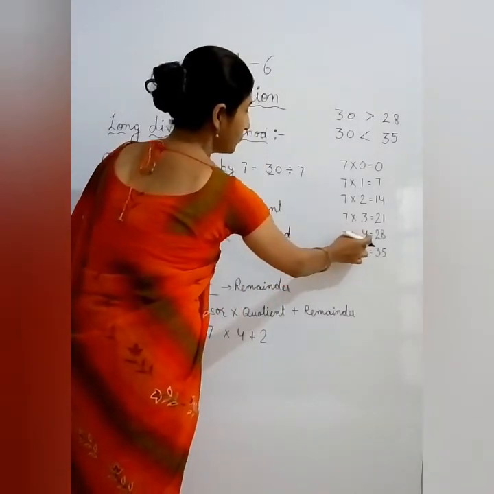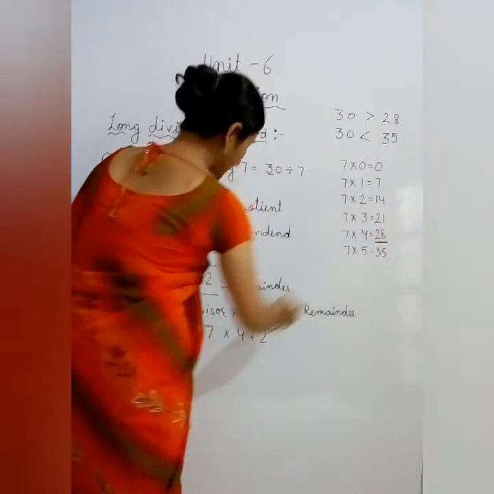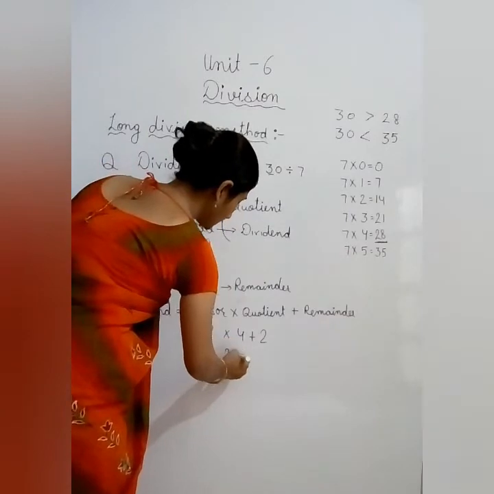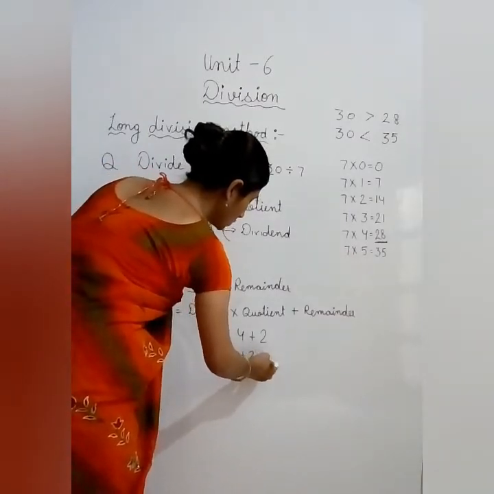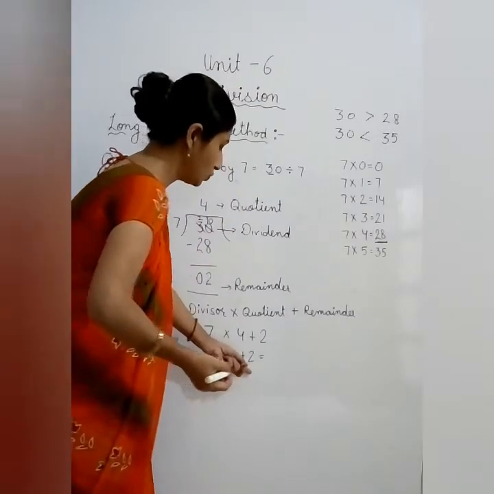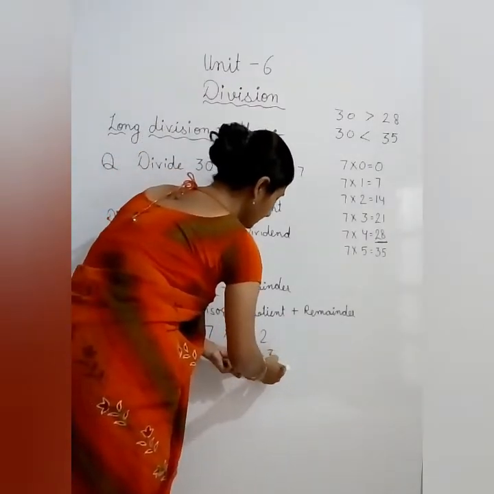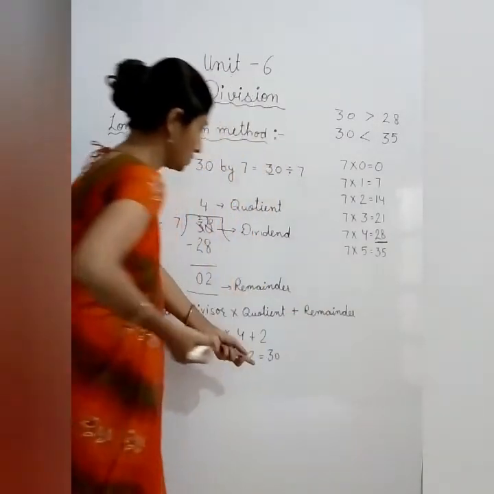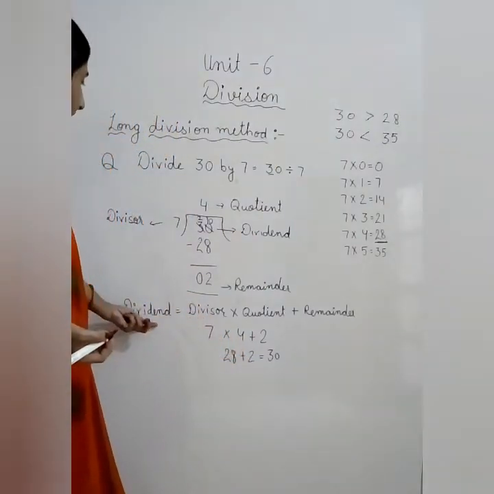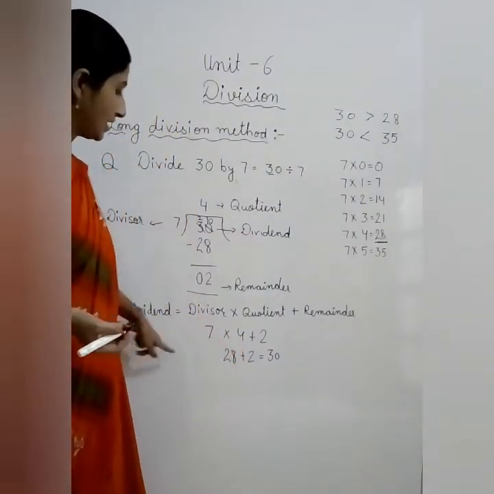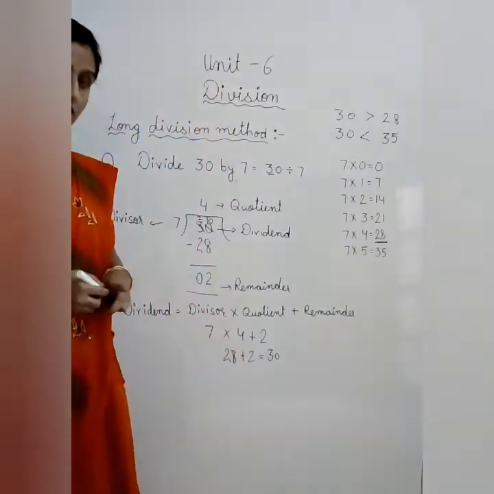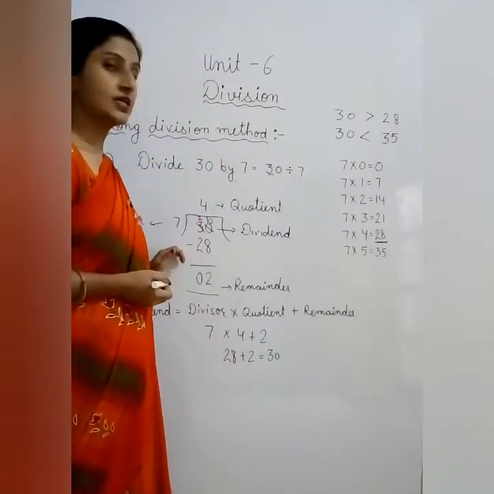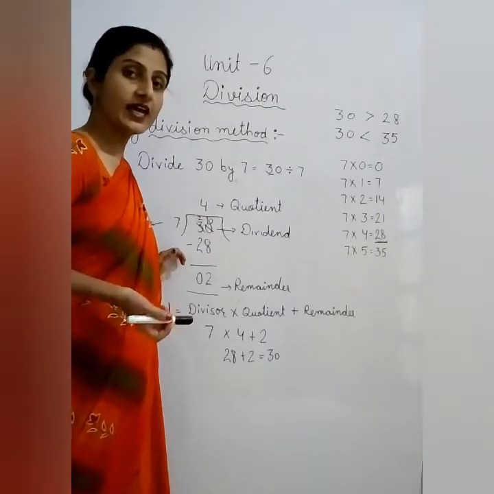Now 7 4s are 28. To this 28 we add 2. So 28 plus 2 is 30. So what is our dividend here? 30. And our answer is also 30. It means the question we solved is right.